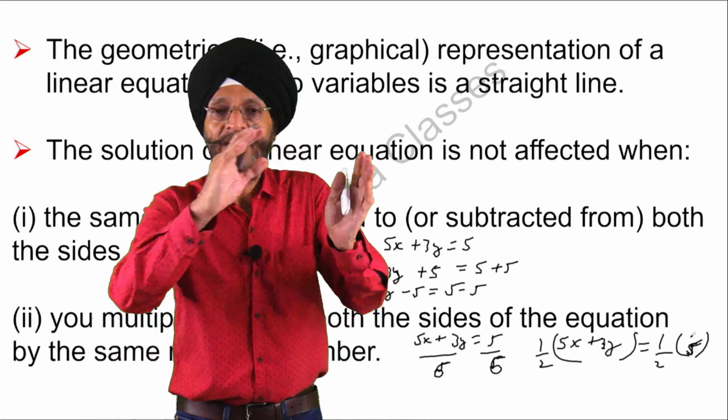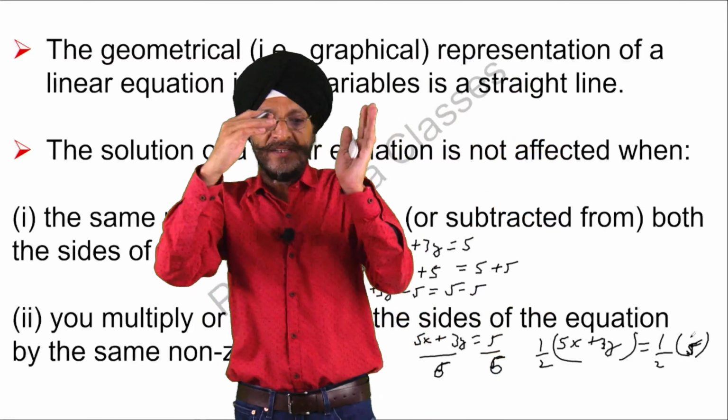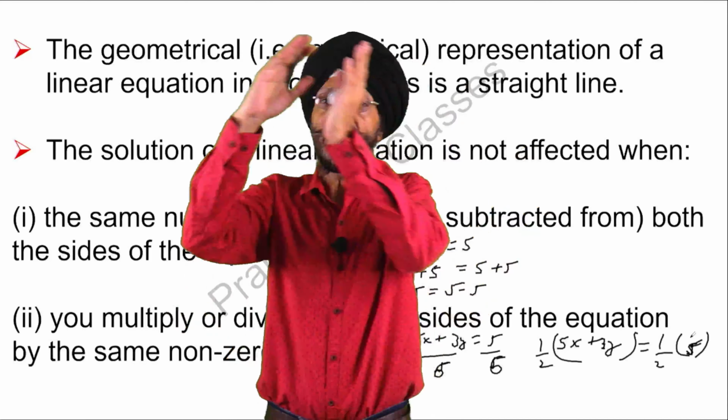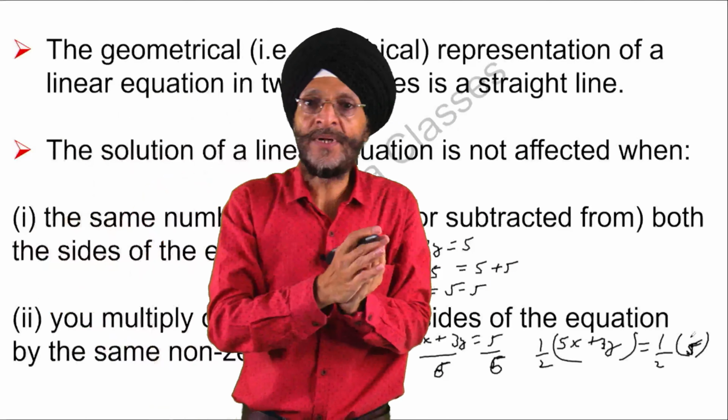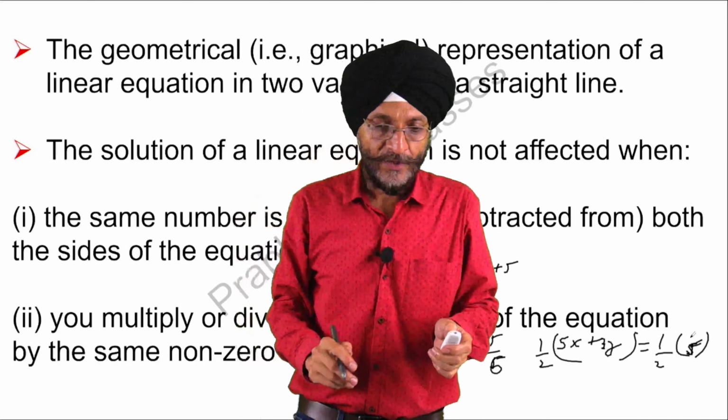That is, if we subtract, divide, multiply or add the same number to the left hand side and right hand side, it does not make any difference to the linear equation in two variables.